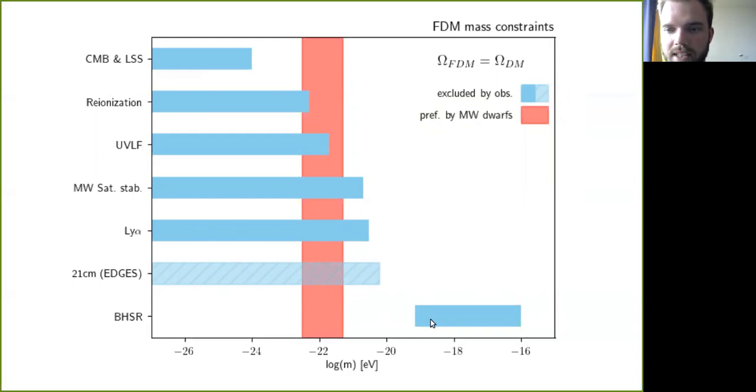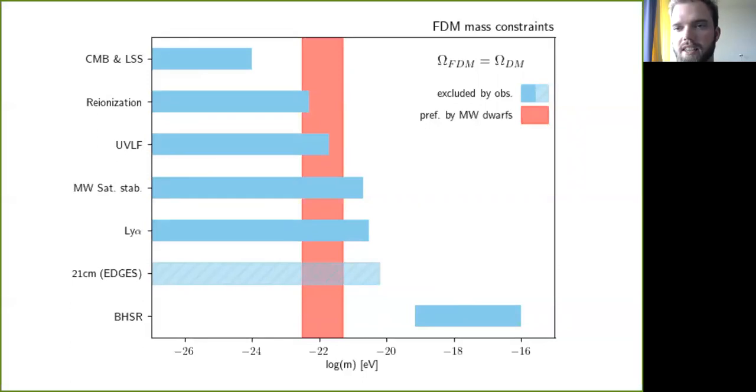And a slightly complementary exclusion can then be done from black hole superradiance, which excludes a mass range where the de Broglie or the Compton wavelength of the fuzzy dark matter particle is roughly equal to the Schwarzschild radius, and then superradiance can effectively occur.